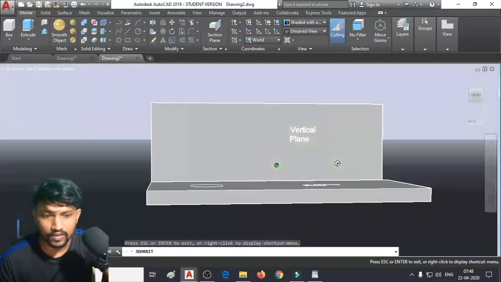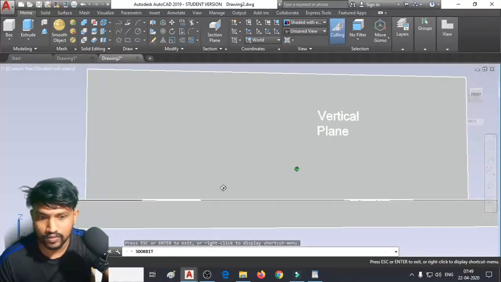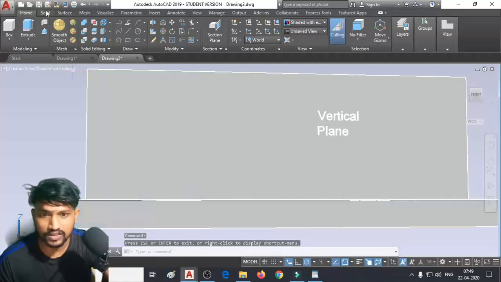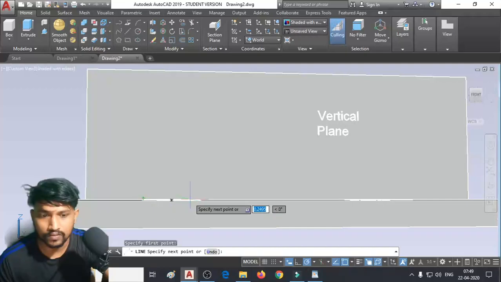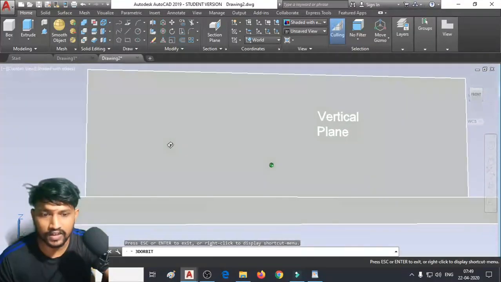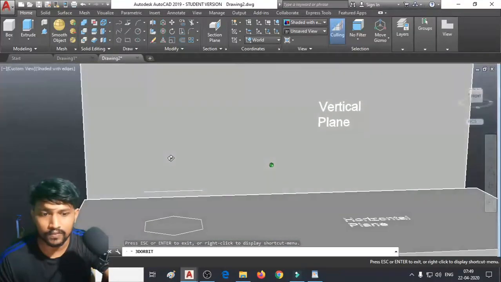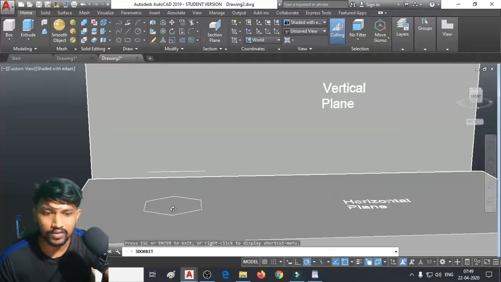Okay, from the front view, how does this plane lamina look? Like a straight line, right? Just like a straight line, I'm able to see this lamina here.